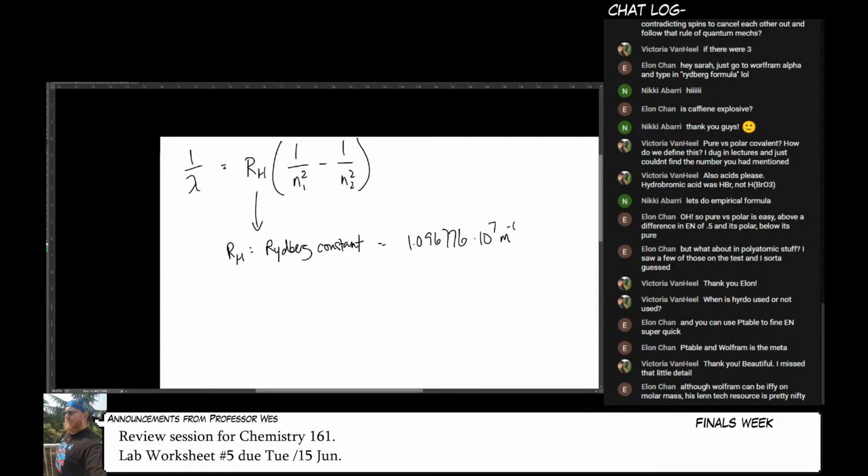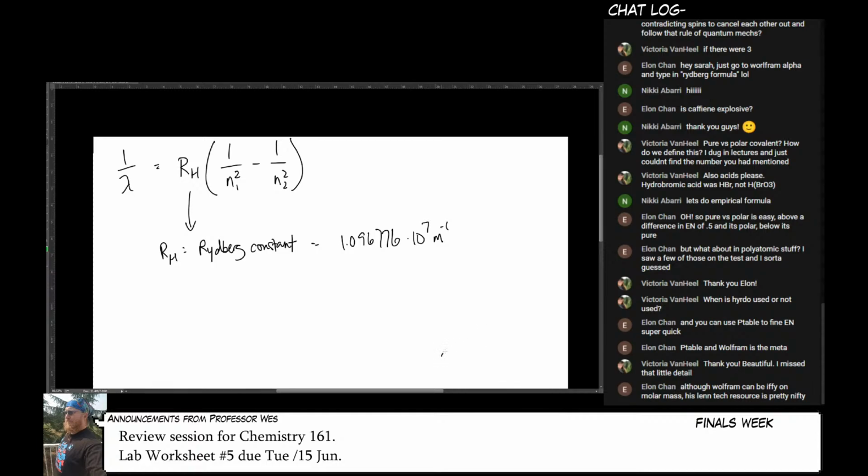And so what we want is for an electron in hydrogen. So we'll say n equals 1, n equals 2, n equals 3, n equals 4. And I have no idea which transition you wanted, so I'm just going to pick this one. I'm going to start at n equals 4, and we're going to drop down to n equals 3. So in order for this to give me a positive number, the smaller number has to go first.